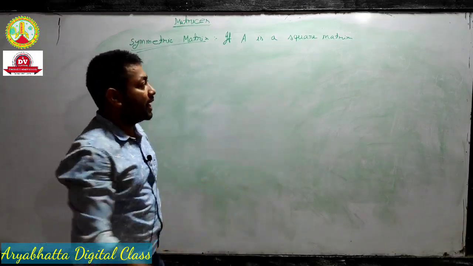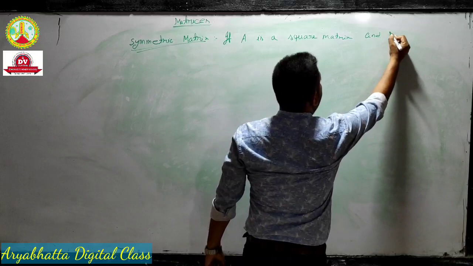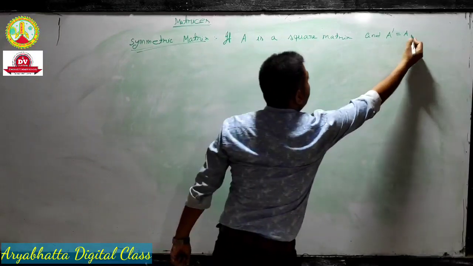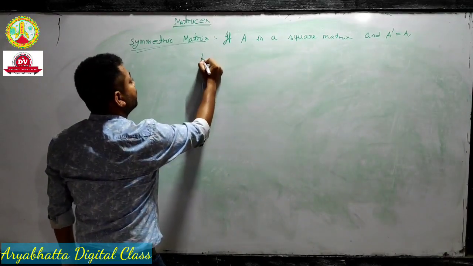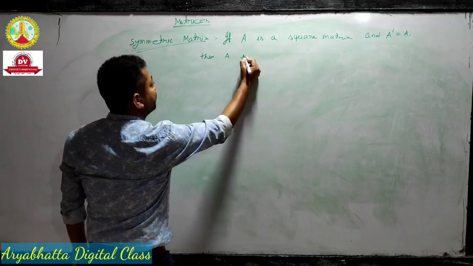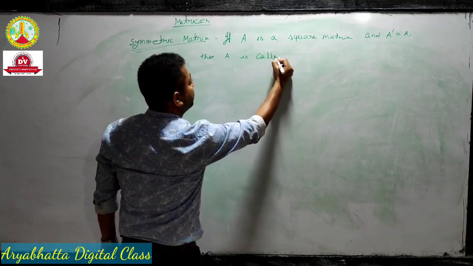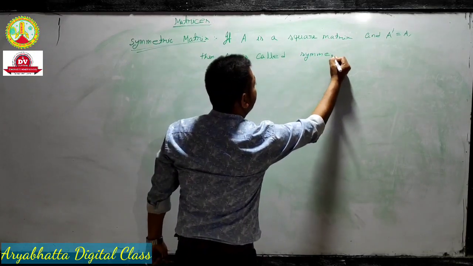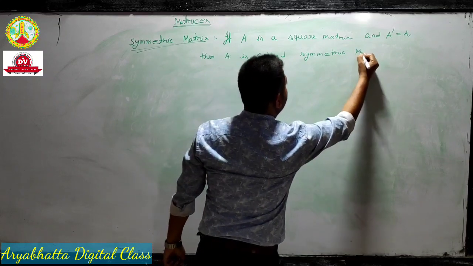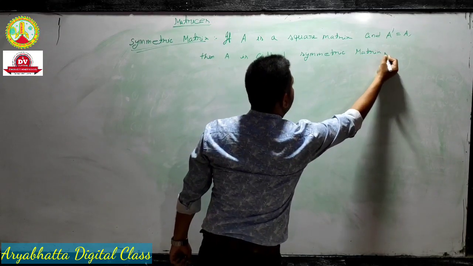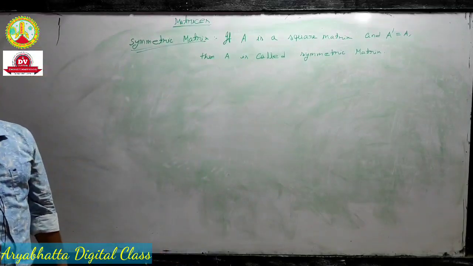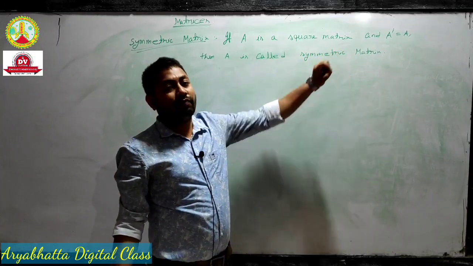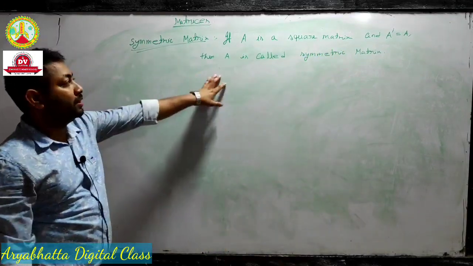If A is a square matrix and A dash equal to A, then A is called a symmetric matrix.